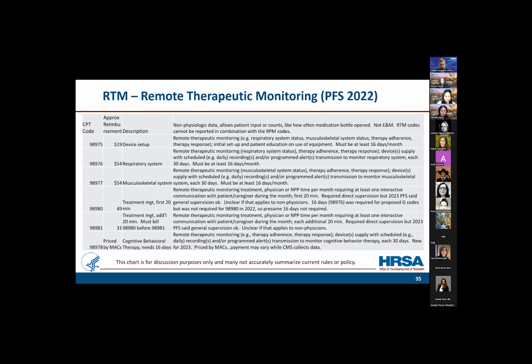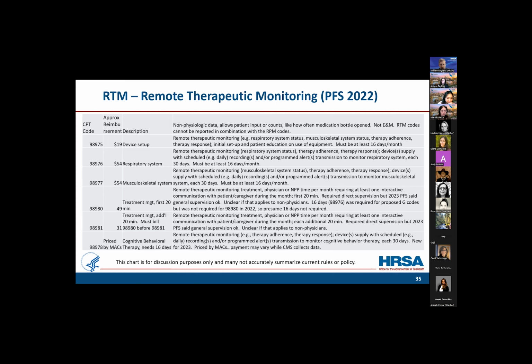RTM was introduced heavily in 2022, and they look a lot like our RPM codes, but these are for specific systems, and the RTM codes are for respiratory or musculoskeletal. Outside of those areas, you can't do RTM.